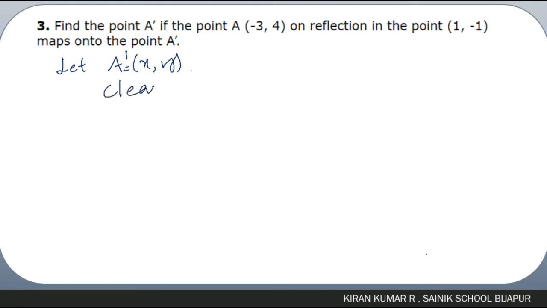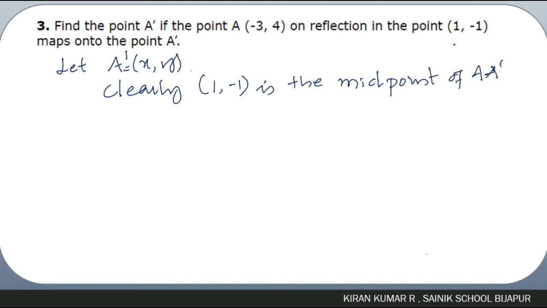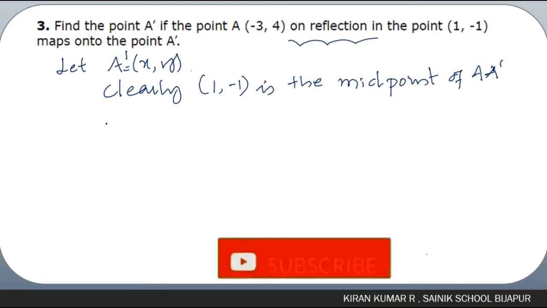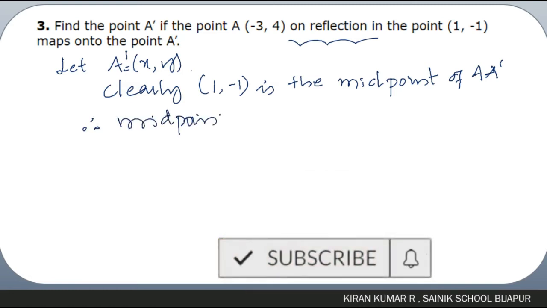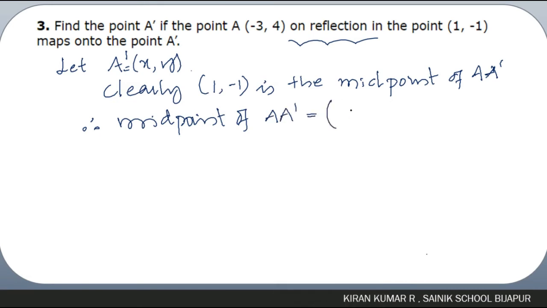Clearly, 1 comma -1 is the midpoint of A and A dash, because they have given it's a reflection of the point, right? Therefore, the midpoint will be (x plus -3) divided by 2, (y plus 4) divided by 2.